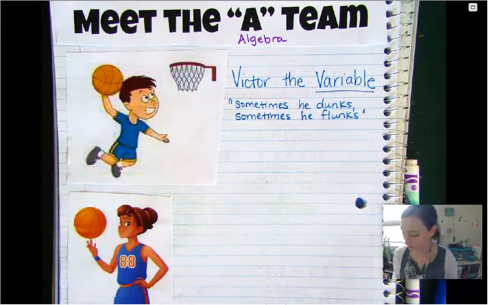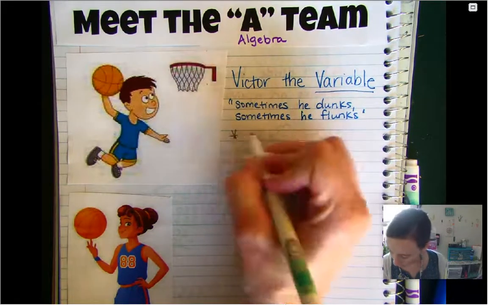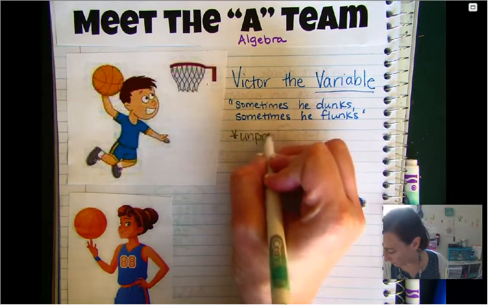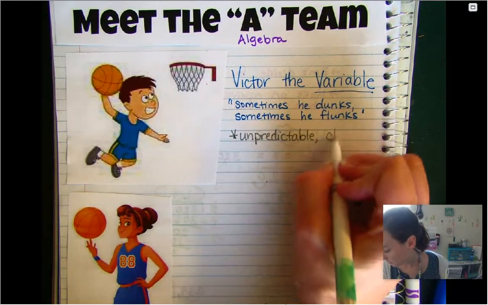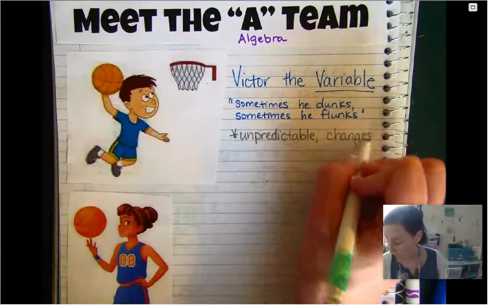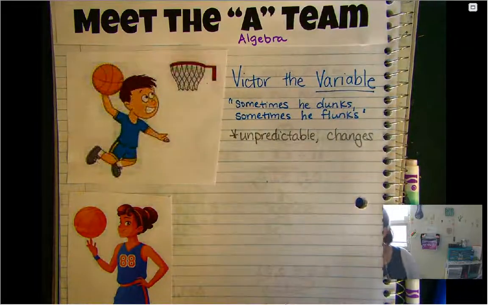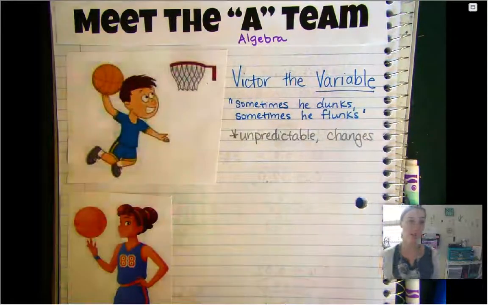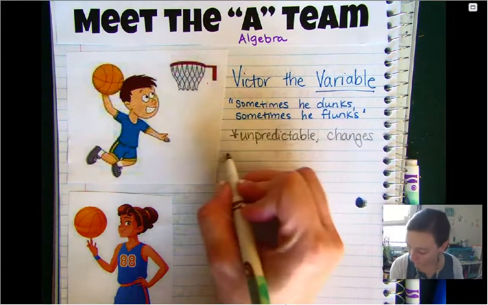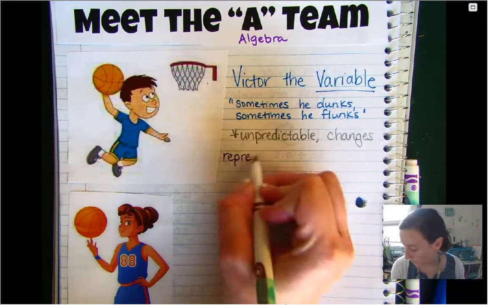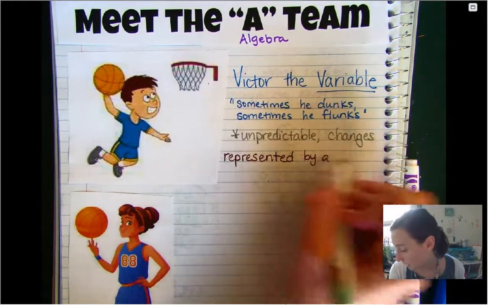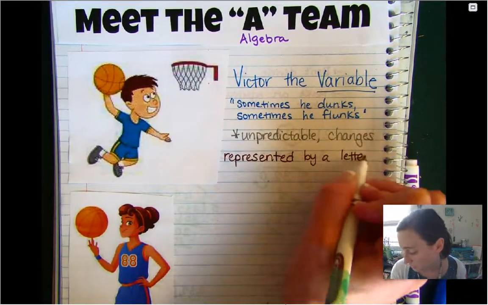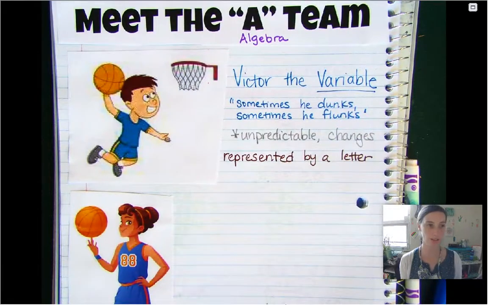That's an important character trait of his. And typically, in an algebraic expression, he's represented by a letter. And then we plug in different values for that letter. So that's our first one, Victor the variable.